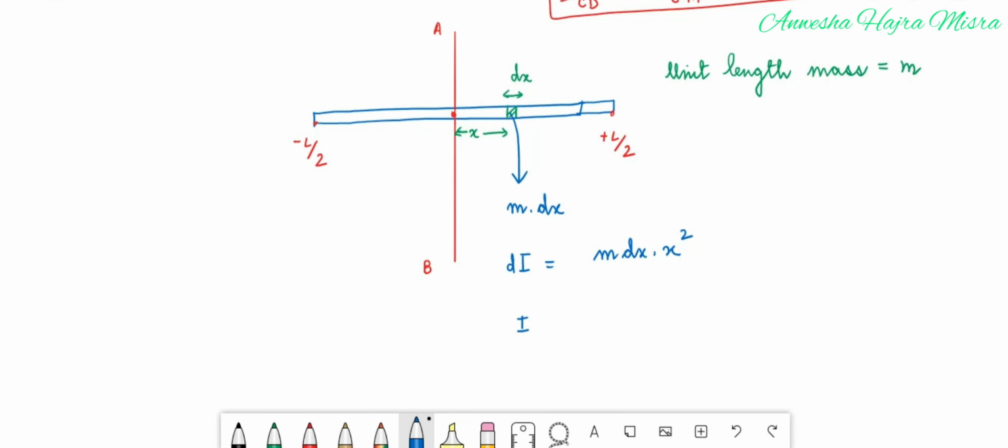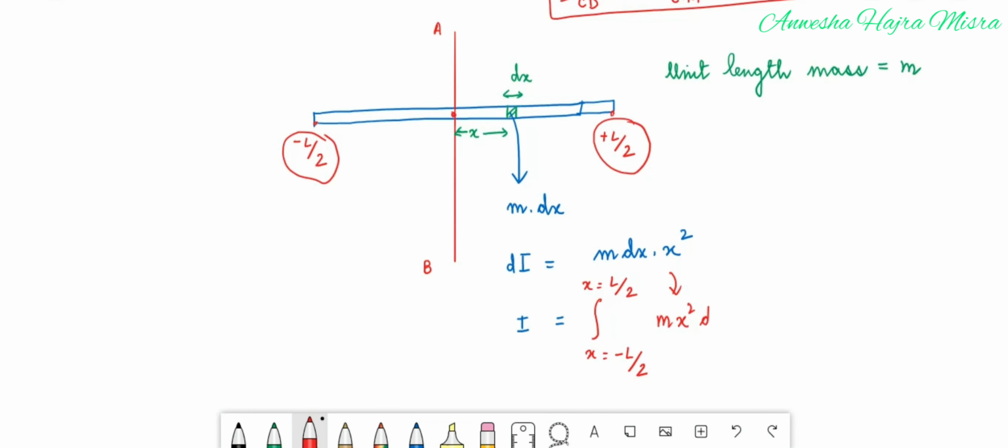And to get the moment of inertia of the full rod, I have to integrate this from x equal to minus L by 2 to x equal to plus L by 2. So this becomes m x square dx.